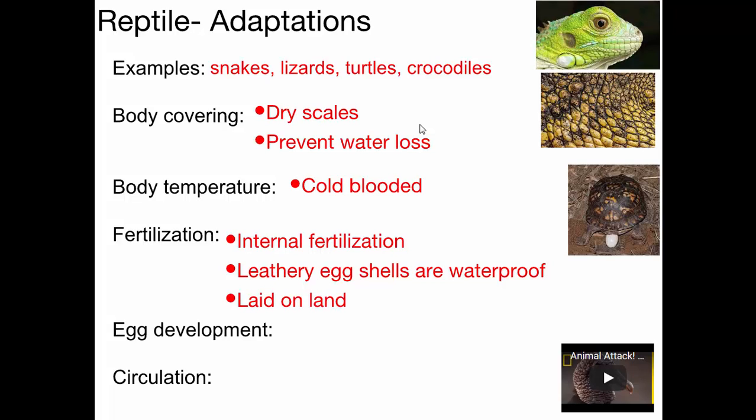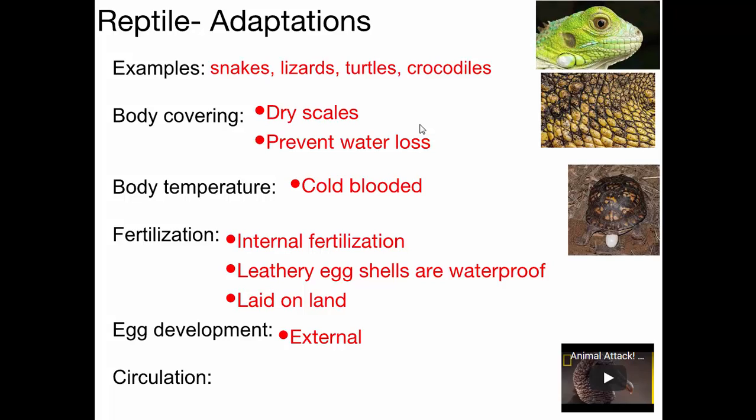So reptiles generally lay their eggs on land. Like I said, sometimes just on the ground, sometimes in a nest, sometimes they're buried in the sand. It just depends on the individual animal. Inside of that egg, the young are developing and growing until they're ready to hatch. Okay? So we call that external development.